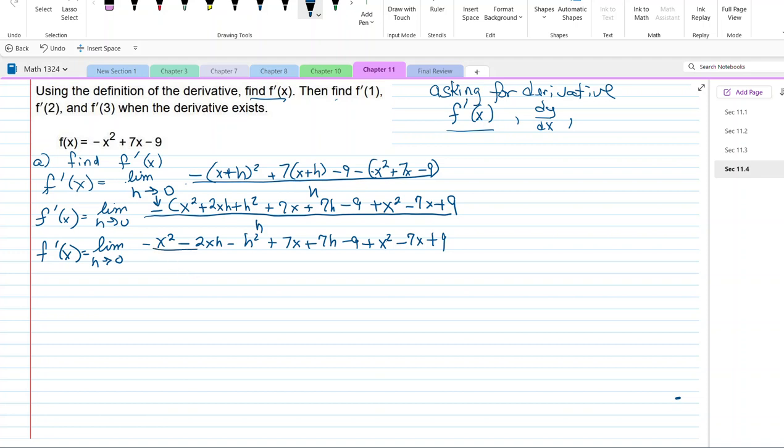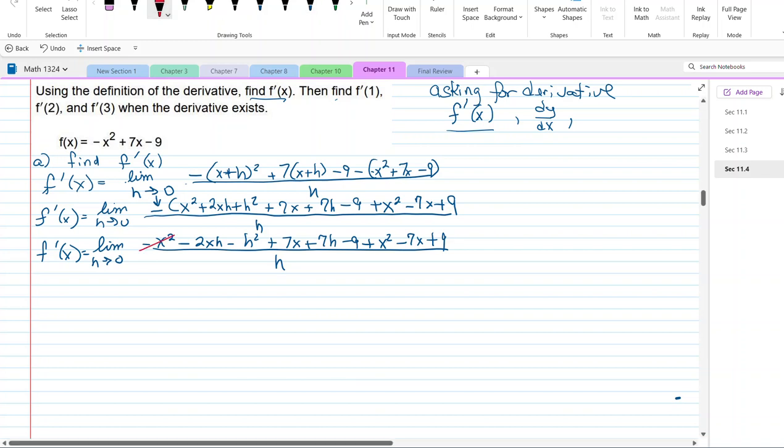We're going to cancel out the additive inverses. All right, now I have h's left like we did. We've done it 100 times. So here we go.